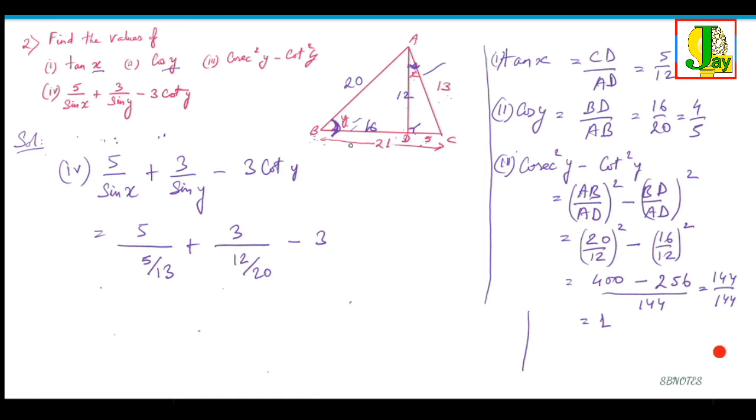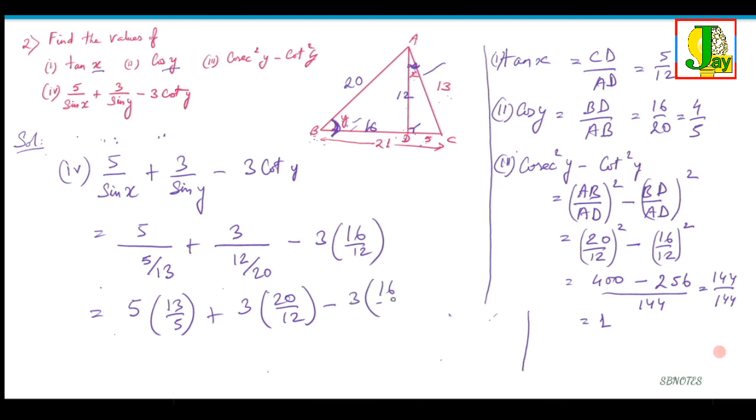So BD by AD we get 16 by 12. Now it's easy to simplify this. 5 divided by 5 by 13, so that's into 13 by 5, plus 3 divided by 12 by 20, that means into 20 by 12, minus 3 into 16 by 12.